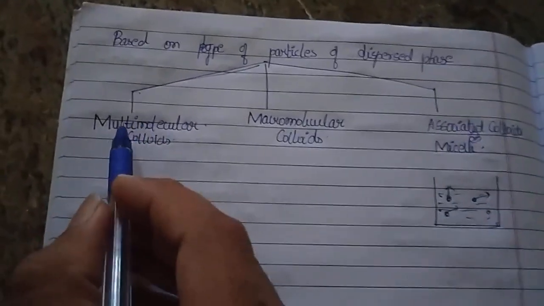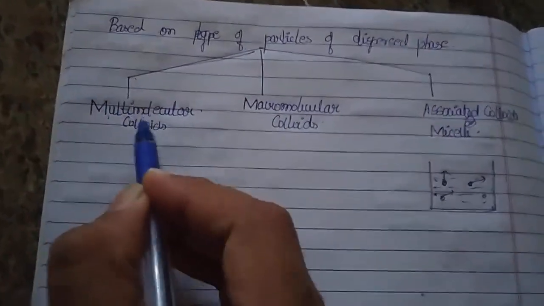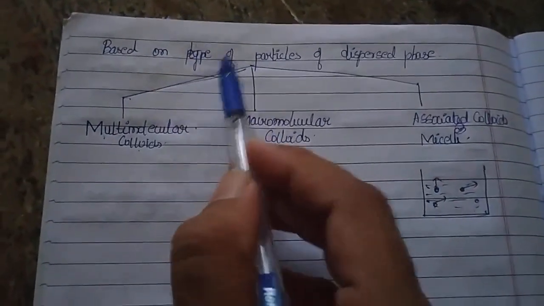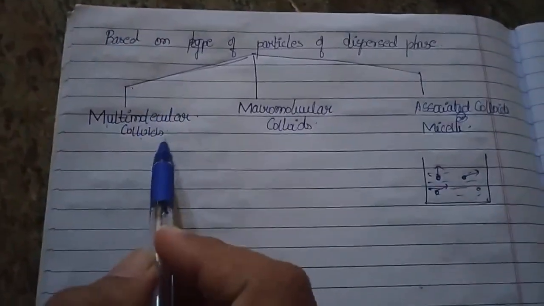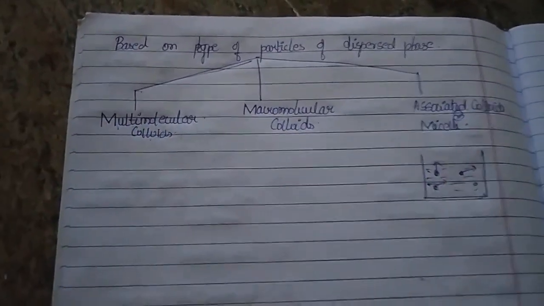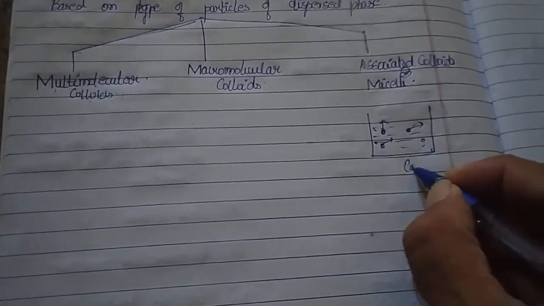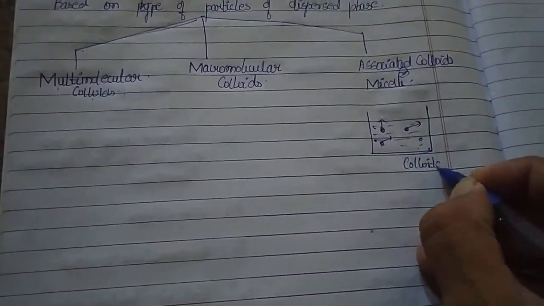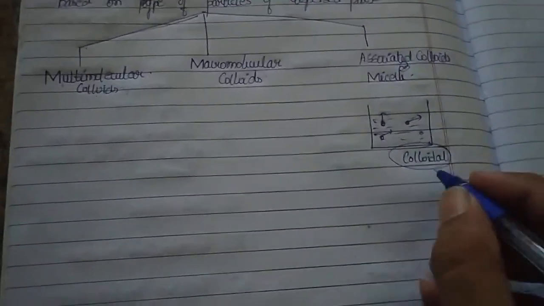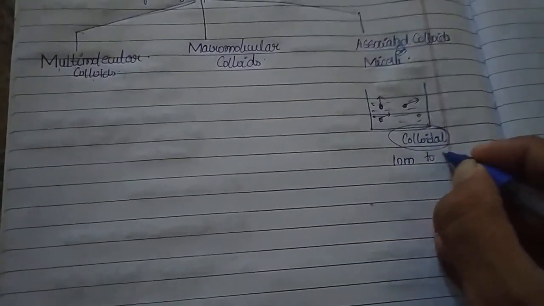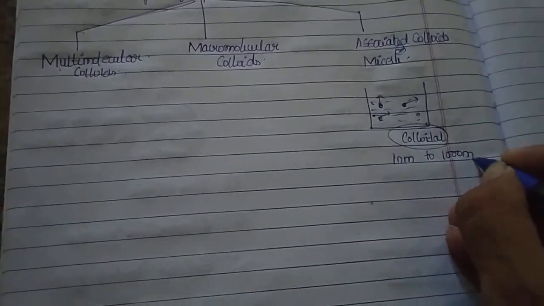So first is called multi-molecular colloids. Now whatever we are going to read here depends upon how the colloids are formed in all these three cases. Whenever we are seeing colloidal particles, what are their dimensions? It ranges between 1 nanometer and 1000 nanometer.